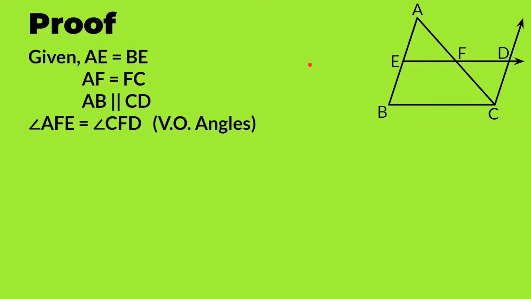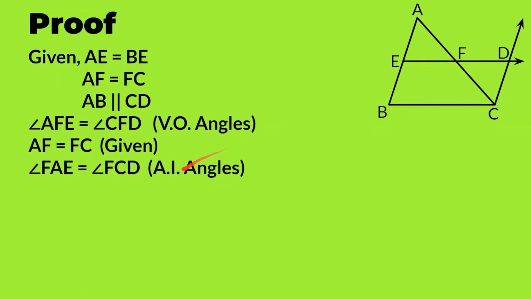Now we'll write the next statement, that is AF is equal to FC, that is already given here, and we'll write angle FAE, that is this angle, is equal to angle FCD, this angle. They both are equal since they are alternate interior angles to parallel lines, that is these lines are parallel and this line is a transversal, so they are alternate interior angles.